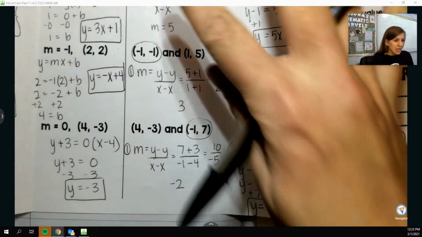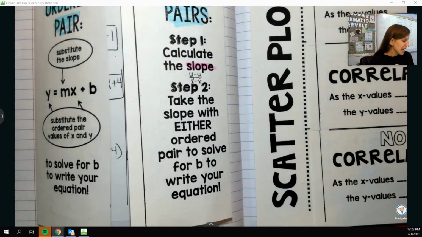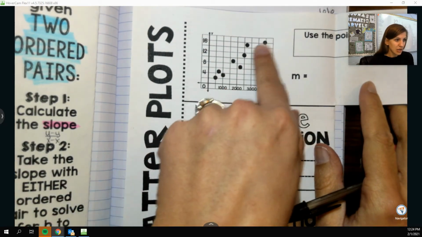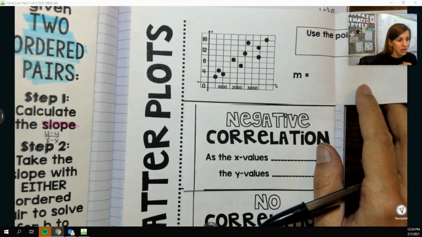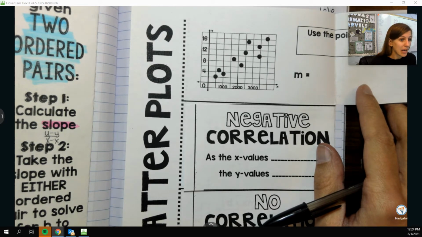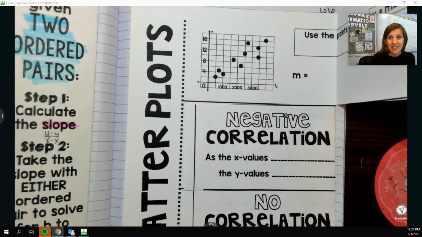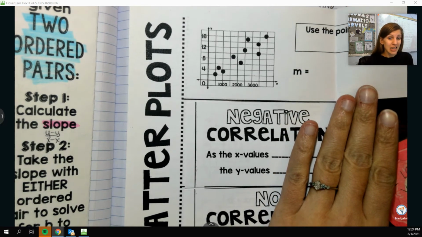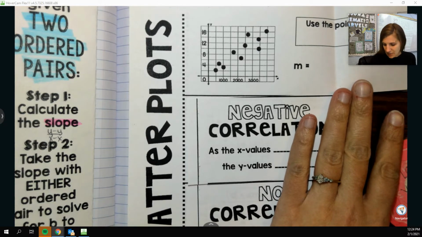Okay, so we needed that reminder there because when I'm doing a scatter plot, we are looking at a bunch of dots just on a line, okay? And we're going to want to figure out what's called the line of best fit. So the line that I can draw that gets as close to the points that are on there as I can. Now I'm not going to be able to get next to all of them or get on all of them, but we can try the best we can.